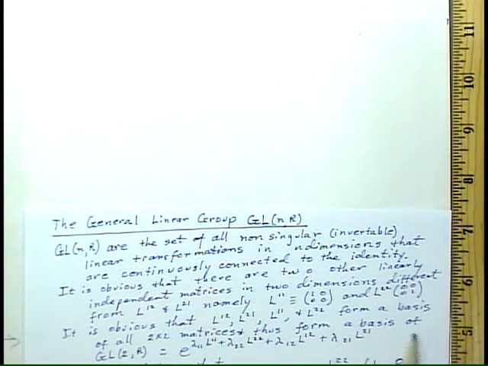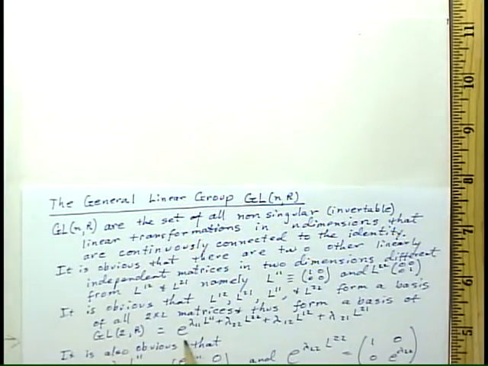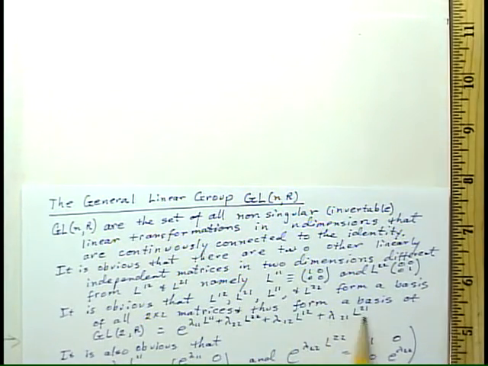And therefore, they form a basis of the general linear group in 2 dimensions over the reals. We can form that by taking e to the lambda 11 times L11 plus lambda 22, L22, and so forth.